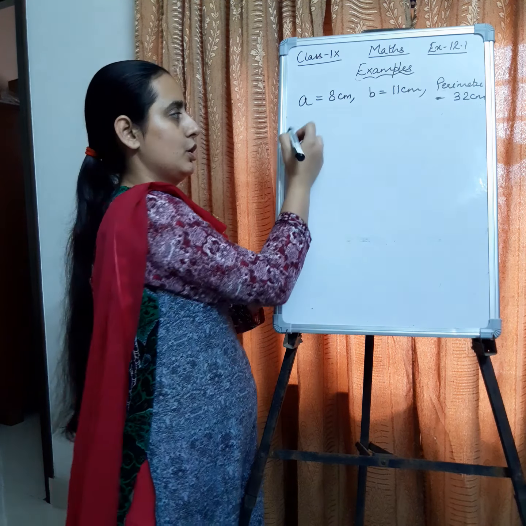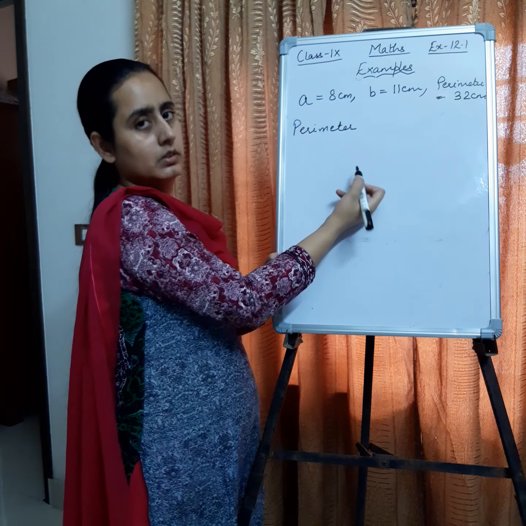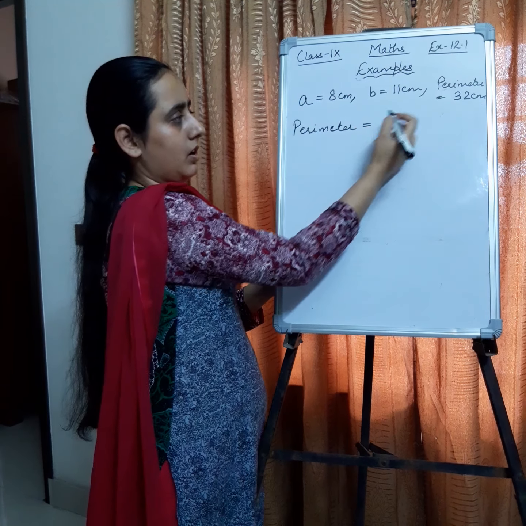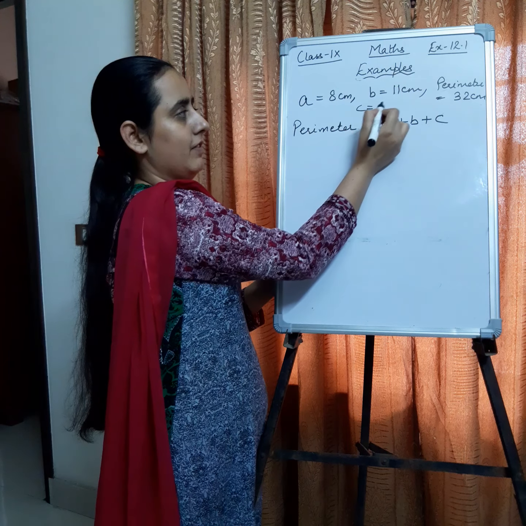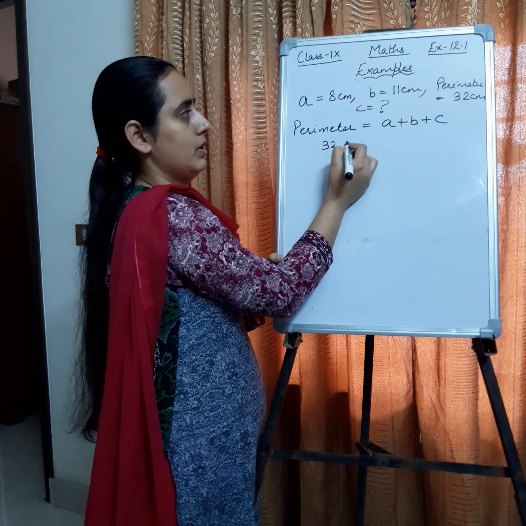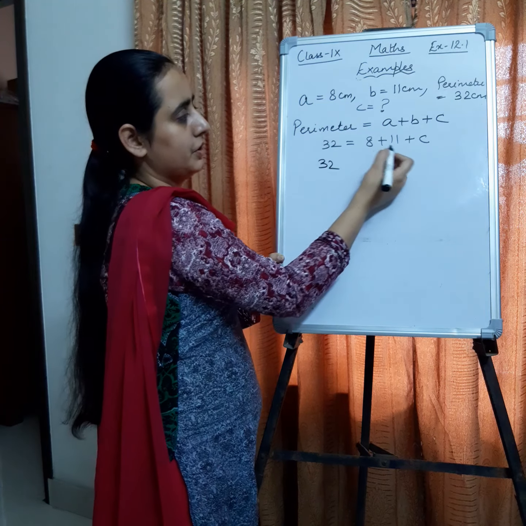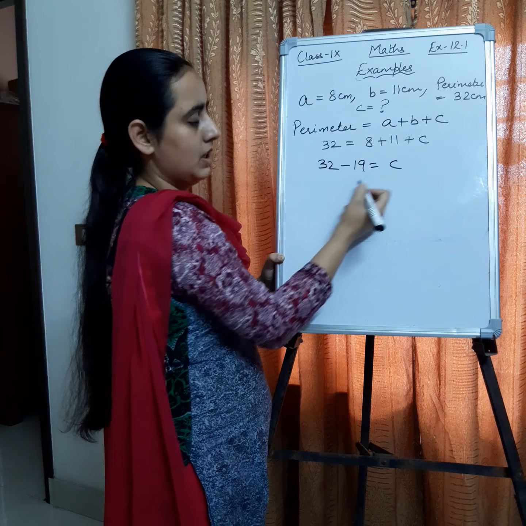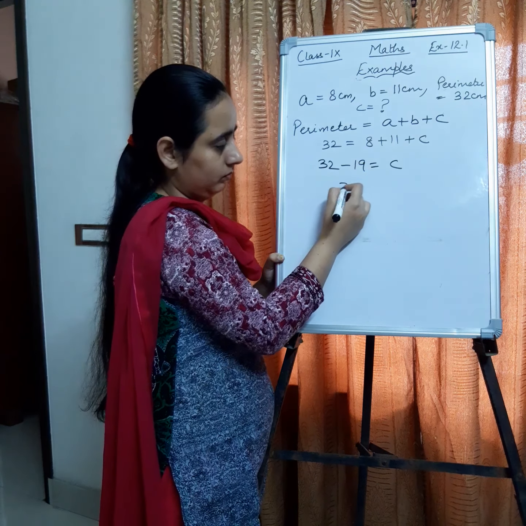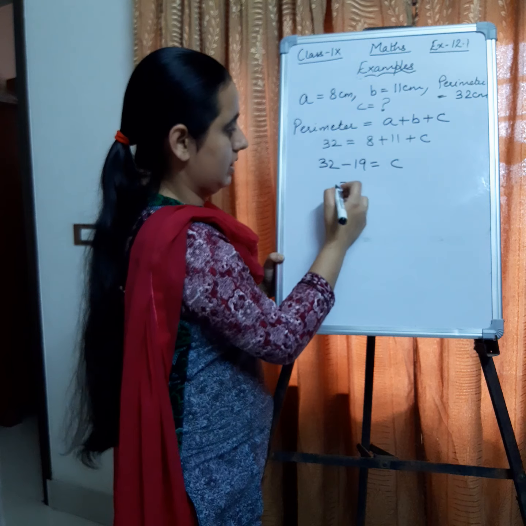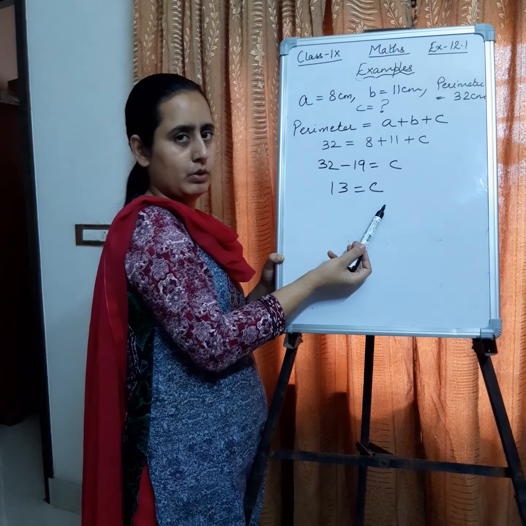Semi means half. Perimeter is the sum of all the sides, A plus B plus C. We need the value of C. So 32 is equal to 8 plus 11 plus C. So C equals 32 minus 19, which is 13.